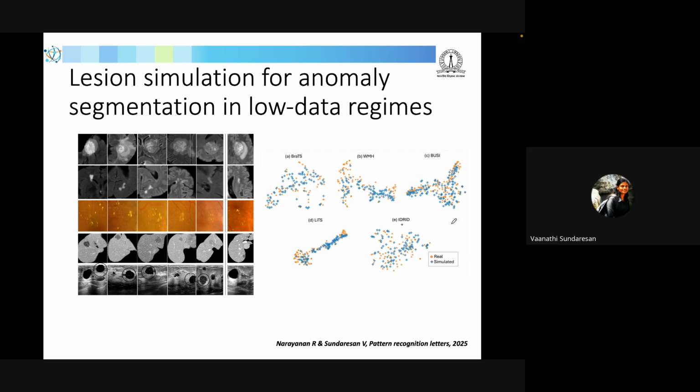We calculate the score between the actual lesion and the generated lesion. The higher the score, the more divergent they are from the actual lesion. So there is a certain threshold that we want to meet, so there is not much distribution shift. That is also something that we did.